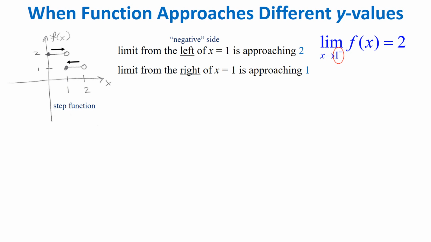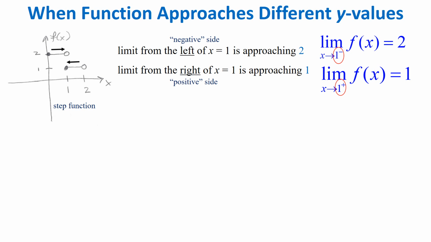Notice that superscript there. So it's the limit as x approaches 1 from the negative side, or sometimes we'll say from the left, of f of x equals that y value of 2. And for the other side, that's the positive side of 1, all the values to the right of 1. We say the limit as x approaches 1 from the positive side of f of x would be the y value of 1.